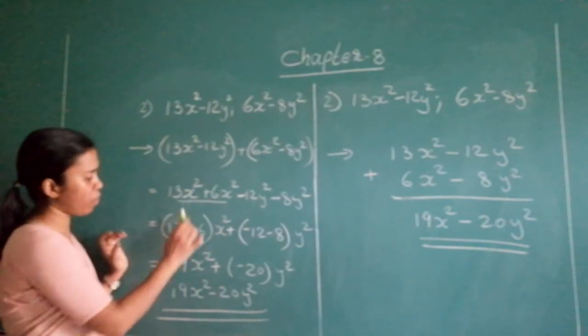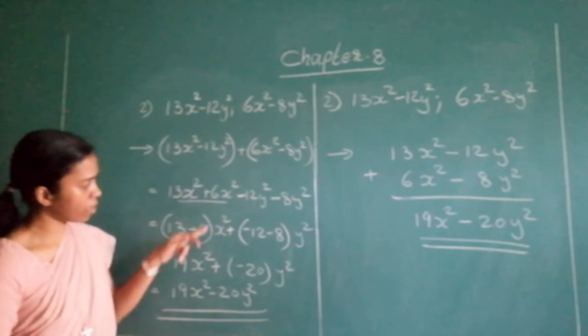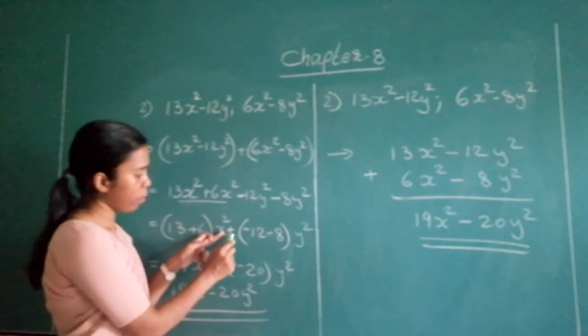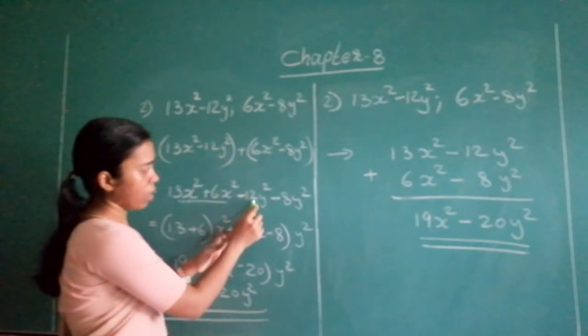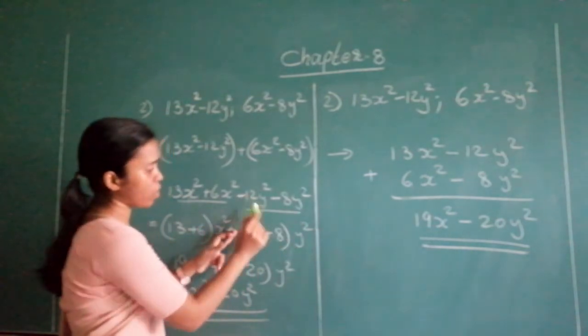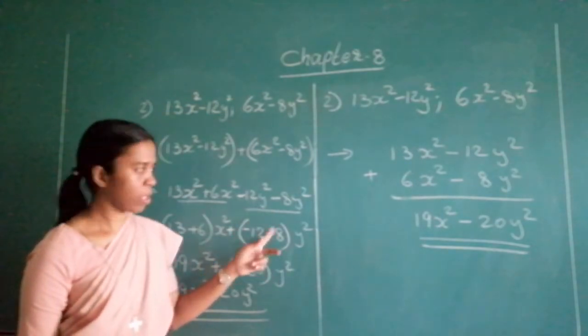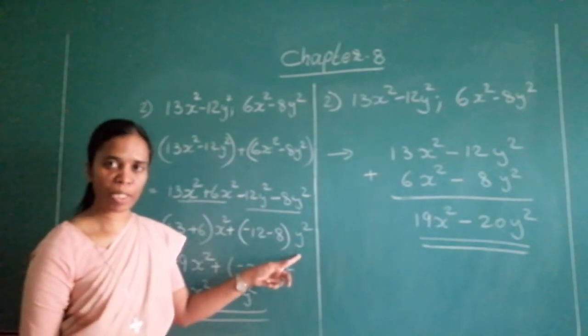So I bring the coefficients together. 13 plus 6x square. Now I am adding. So I am putting plus these like terms. First coefficient minus 12 minus 8. What is the variable? Y square.